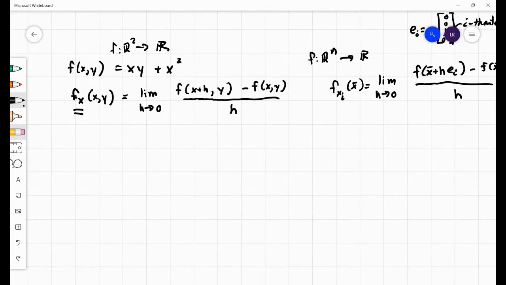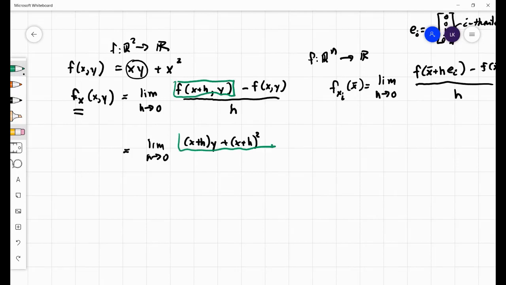So in this problem, I'm going to replace x with x plus h. Leave y alone, and then we get x squared, so that's x plus h squared. So that's this part right here.